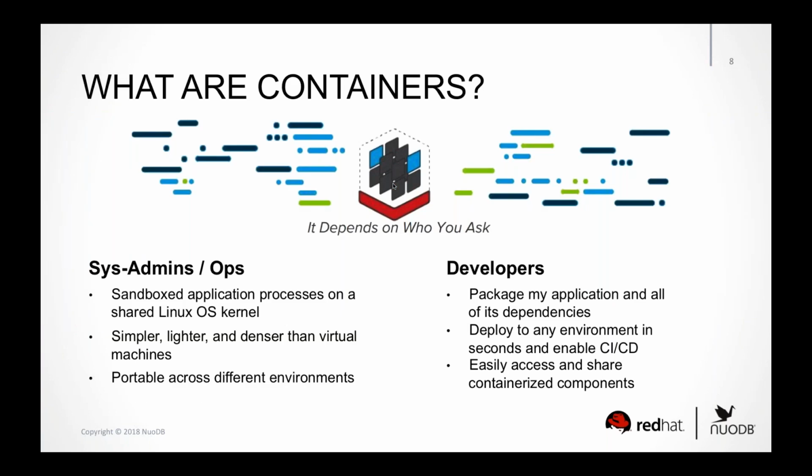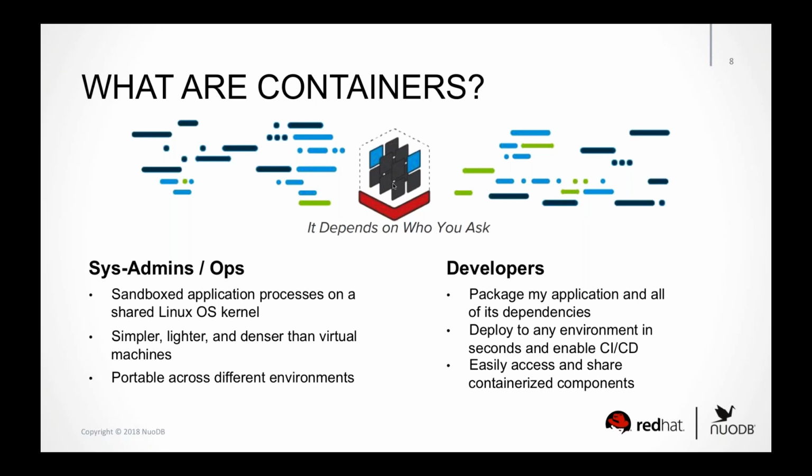So at Red Hat, we think containers are an integral part of this process. So first, what are containers? They are an isolated Linux process on a shared kernel. They are much more lightweight than traditional VMs, and they're also portable across environments. From an application point of view, what does that mean? We bundle our application and all of its dependencies in an immutable package.